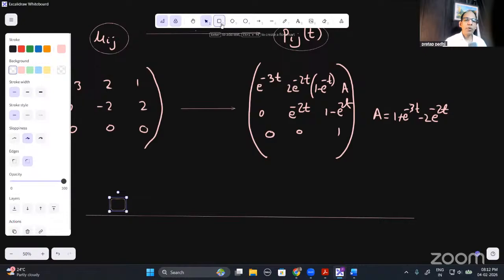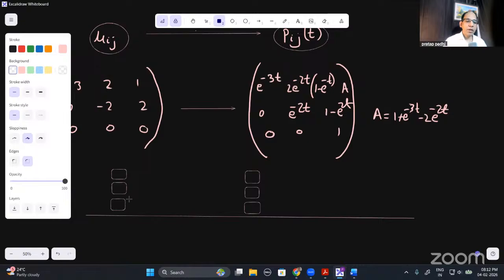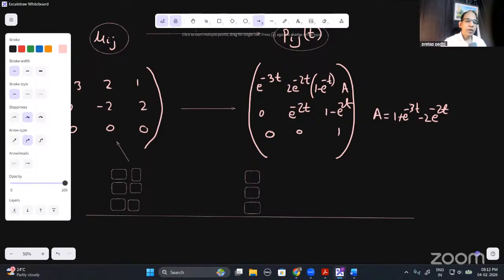If you remember, we started with these 3 states, and the one-year probabilities were not given. Instead, these intensities were given, at a very small time. These transition intensities were given.